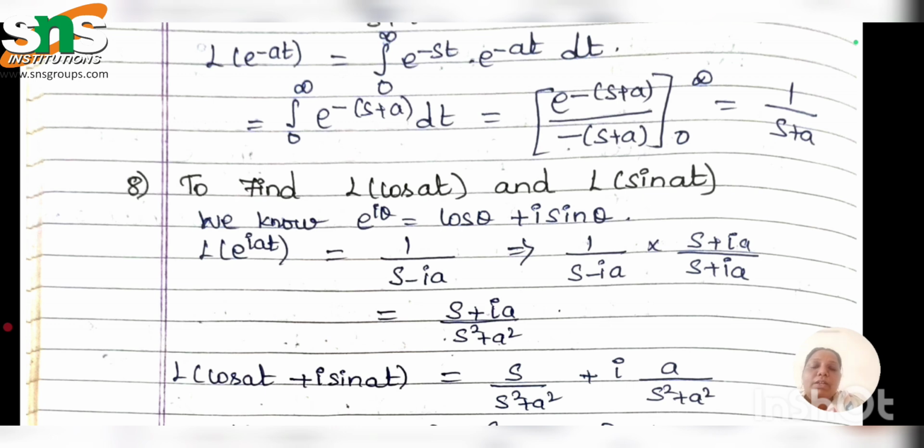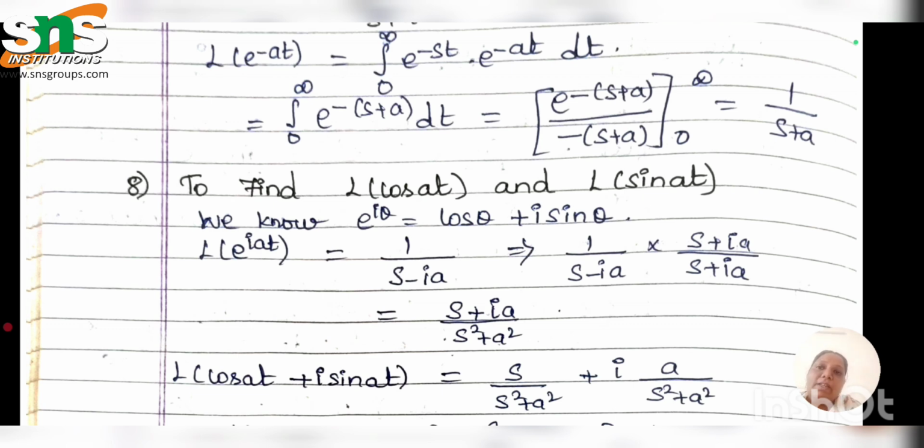We know that the i part should not be in the denominator. So we have to take the conjugate. So 1 divided by s minus i into a. For s minus ia, the conjugate is s plus ia. So now we are going to multiply the numerator and denominator by s plus ia.